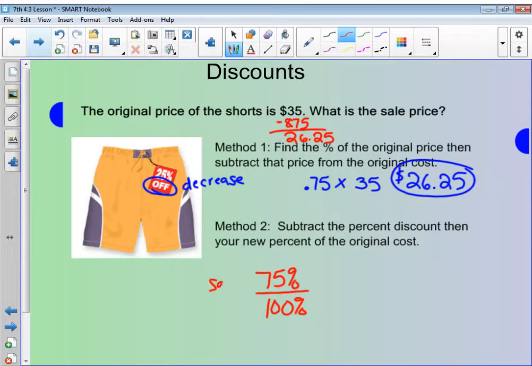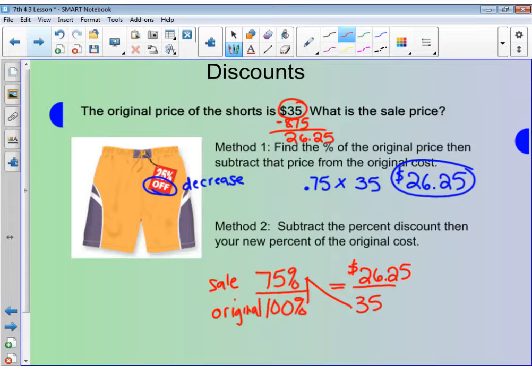This is the sale price, and this is the original. My information here, $35, was the original. Then I'll cross multiply and divide. When I do that, I still get $26.25. You have to decide for yourself what you're most comfortable with.